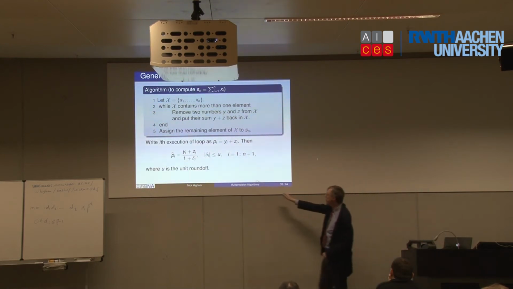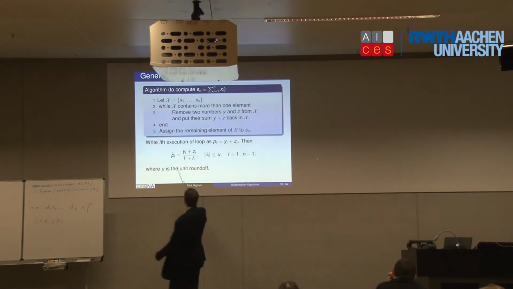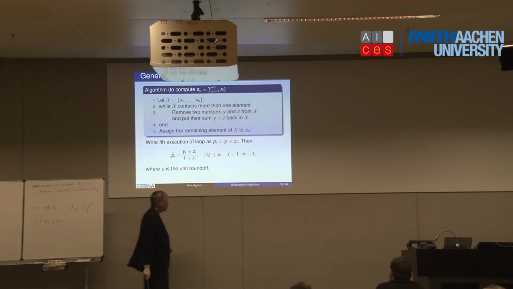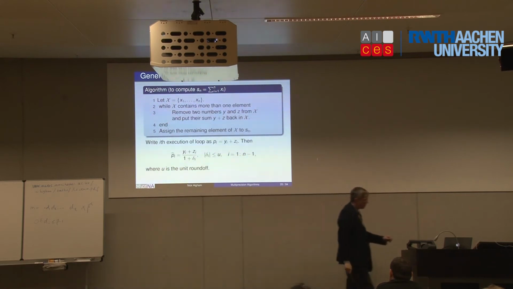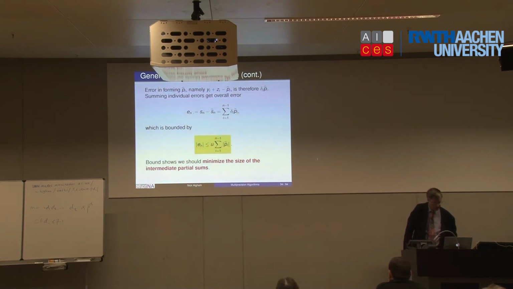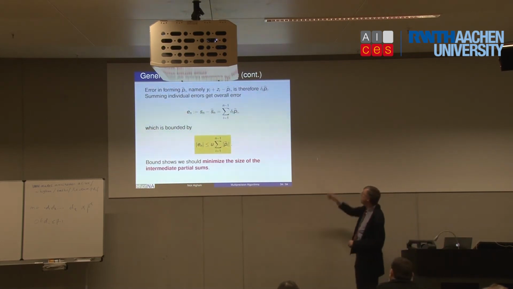Think of multiplying through now by 1 plus delta, then I'll get a pi hat, and I'll get a delta i pi hat, and I'll get the true sum on the right. So the error in the sum is basically delta i times pi hat. That's the first line. It says the error in that sum is delta i times pi hat.